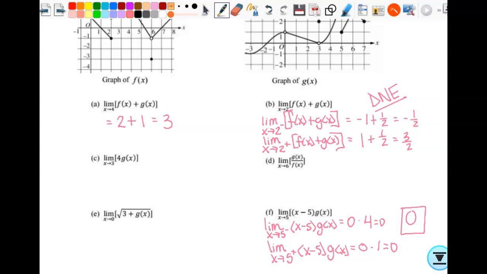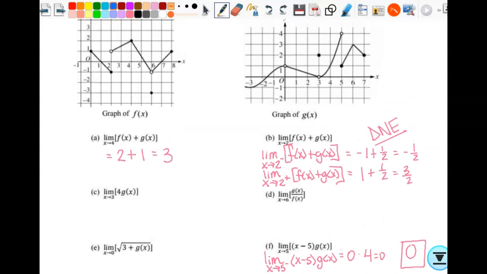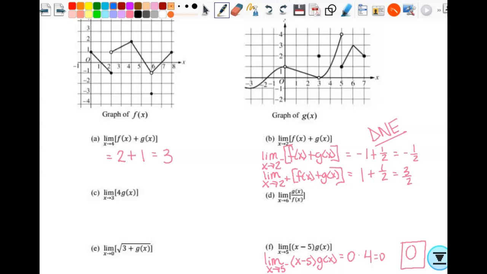All right. So let's go back to C. The limit as x approaches 3 of 4 times g of x. All right, so g of x, as x approaches 3, what's the limit? 0. So this is 4 times 0, which is 0.